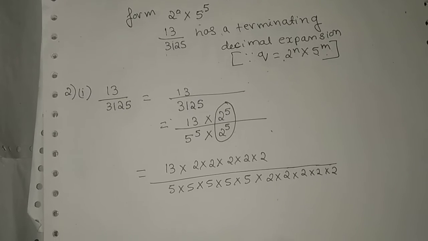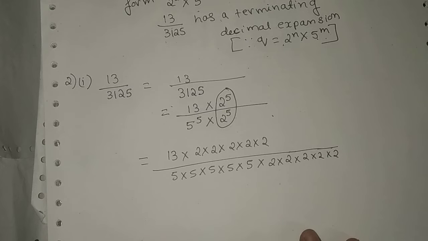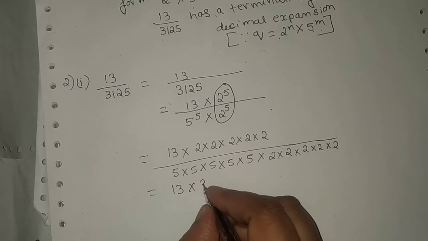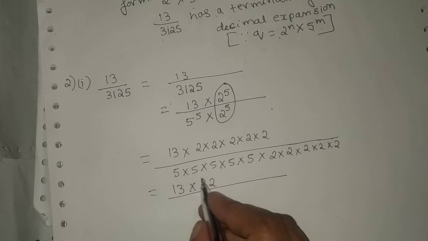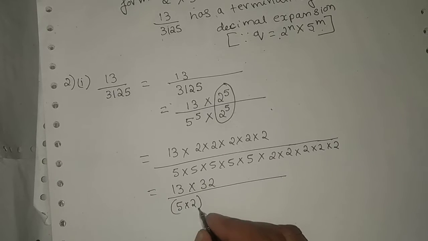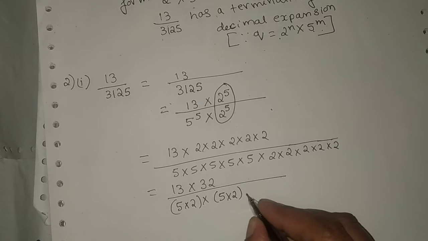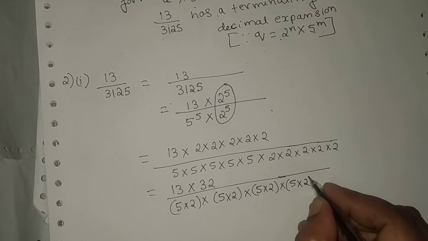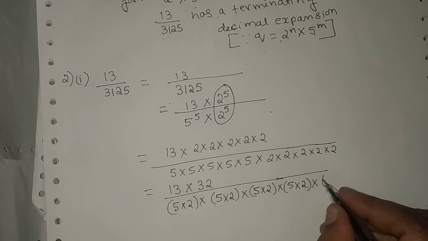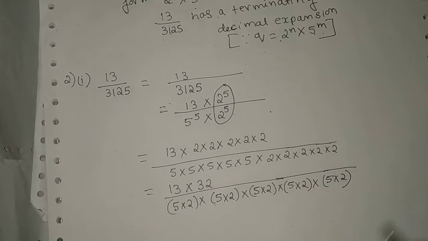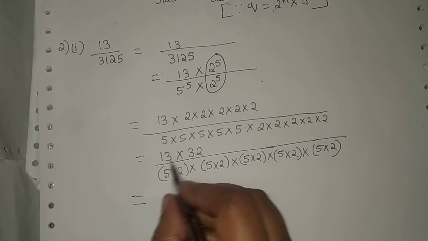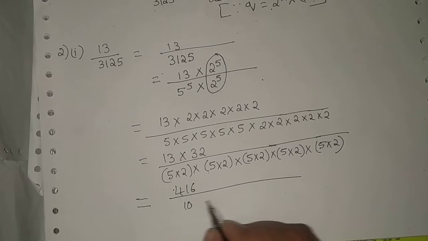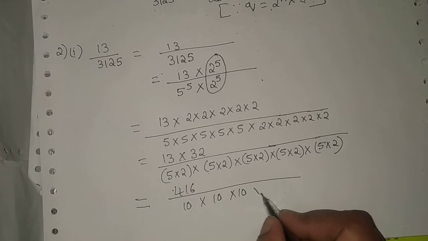Then 13 into 32, that is 2 to the power of 5, gives 416 in the numerator. In the denominator we write 5 into 2 five times, which is 10 into 10 into 10 into 10 into 10.